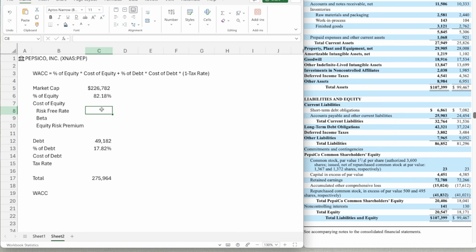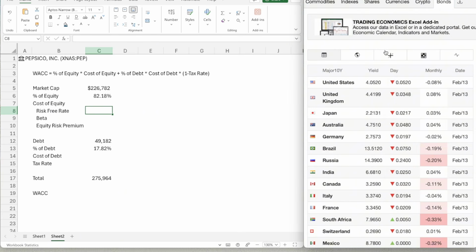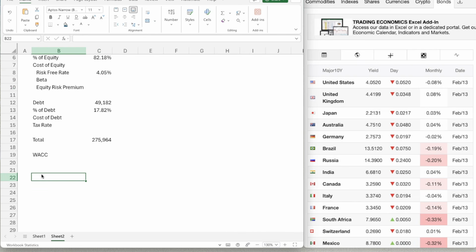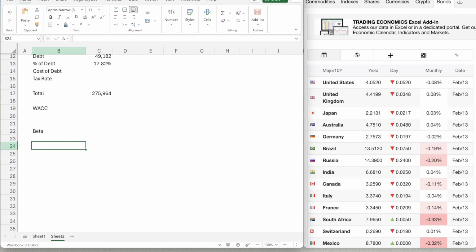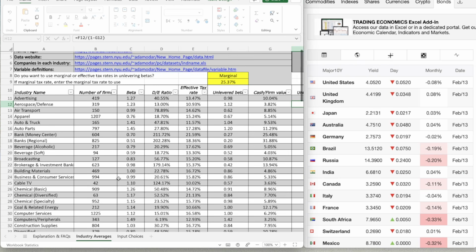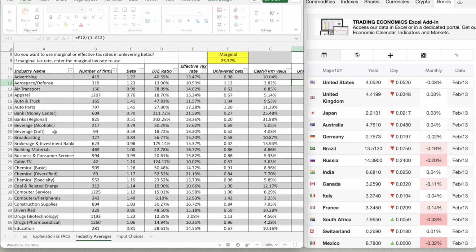The cost of equity, we go and we find the US 10-year, which at the moment is 4.0520%. The beta, which we can calculate as so, we're going to use the beta for the industries that we think Pepsi operates in. The first one is beverage soft drink.